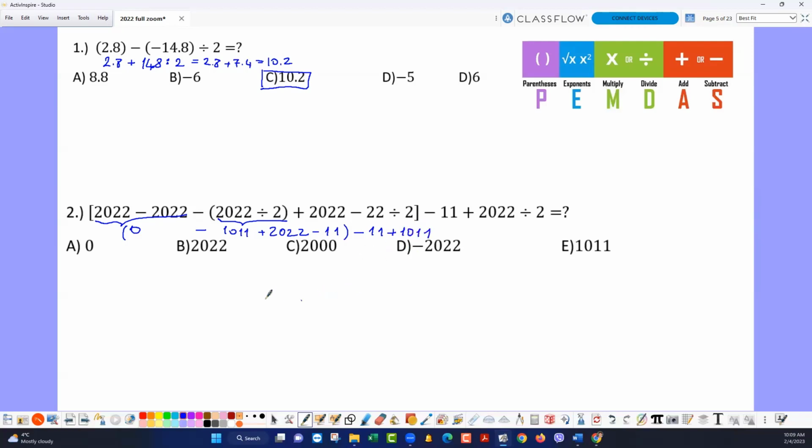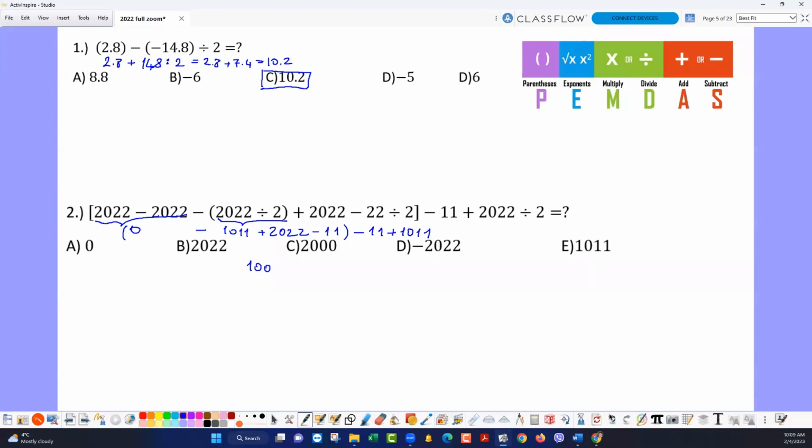What is the point here? Inside the parenthesis, we have 0, minus 1011, plus 2022, and minus 11. So minus 1011 and minus 11 together with 2022, or directly let me add minus 1011 plus 2022, it's going to be 1011.